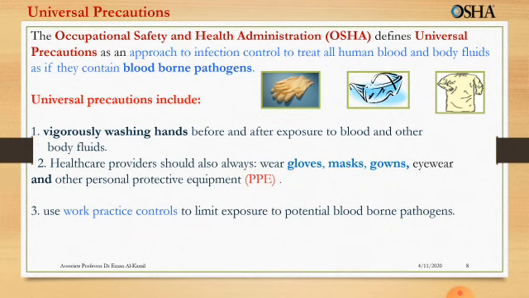Healthcare providers should always wear personal protective equipment, which includes gloves, masks, gowns with long sleeves, and eyewear protection or a shield covering the face. All these are called personal protective equipment, and it is important that it be supplied to healthcare individuals.